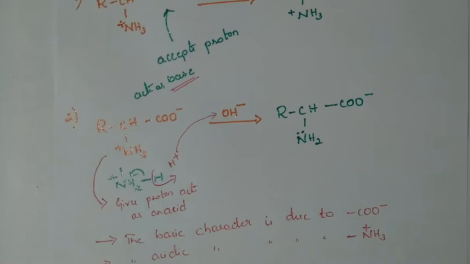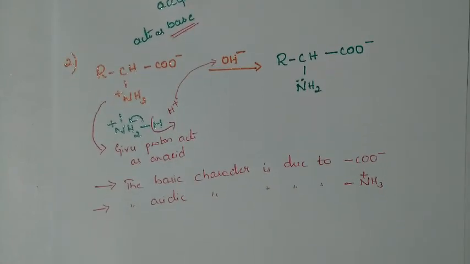So don't go with the carboxylic acid COOH group and amine NH2 as basic, but the solution of alpha amino acid will exist in a Zwitter ion form. Because of the dipolar nature, the basic character is due to COO minus and the acidic character due to NH3 plus group.